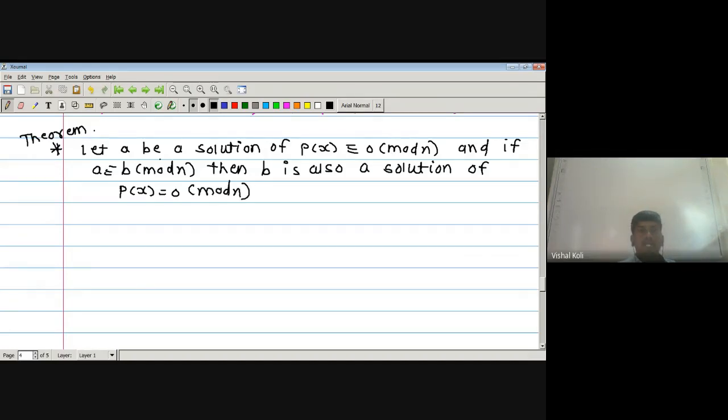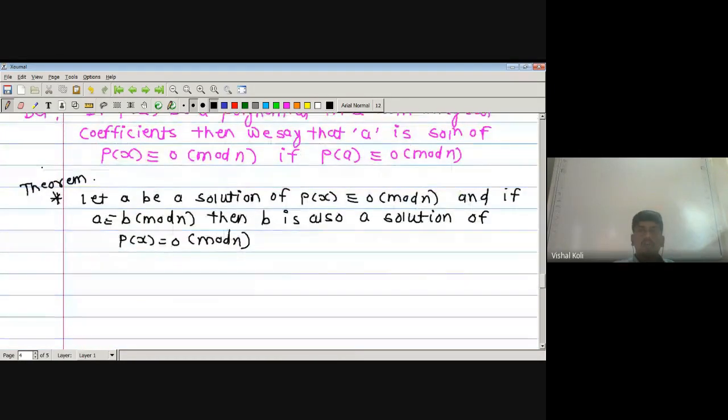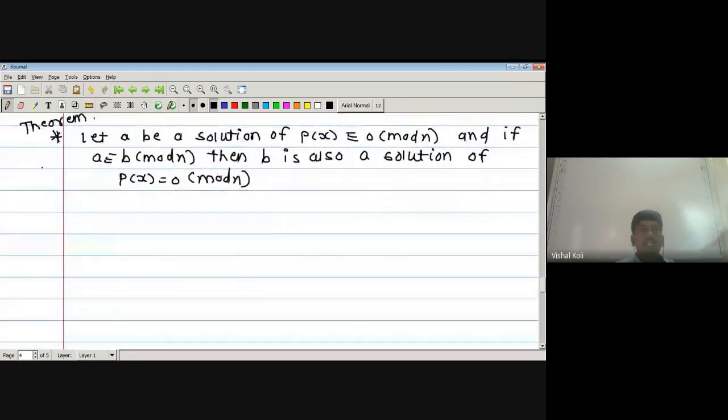Here we have given that A is a solution of P of x congruent to 0 modulo n. When we say that A is a solution, it means P of A is congruent to 0 modulo n, from this definition. Also given that A is congruent to B modulo n, and we have to prove that B is its solution, that is, P of x congruent to 0 modulo n has a solution B.